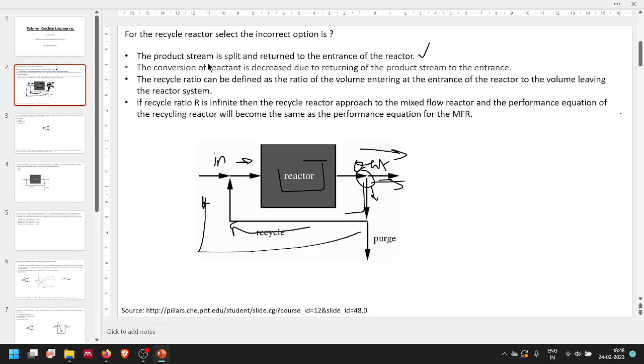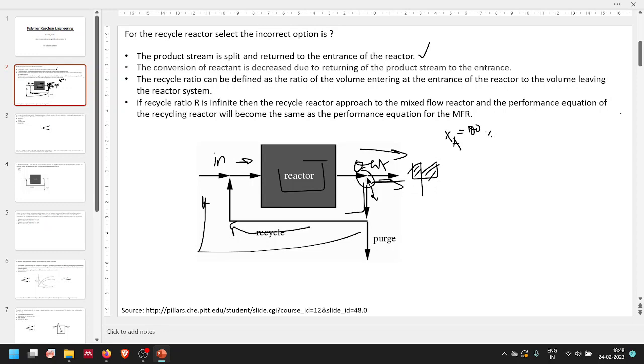Next we have: conversion of the reactant is decreased due to the returning of the product stream to the entrance. Now for any reaction there is a conversion rate. The conversion for many reactions is not actually 100%. So what happens is some of the reactant is unreacted. In the outlet stream, some of it will be unreacted reactants, and some of it will be the products.